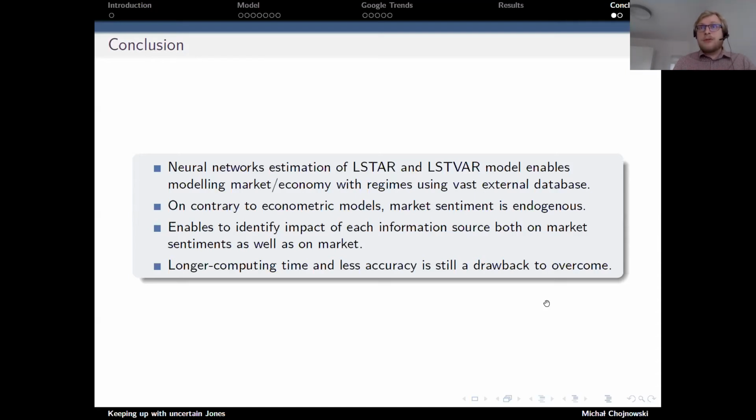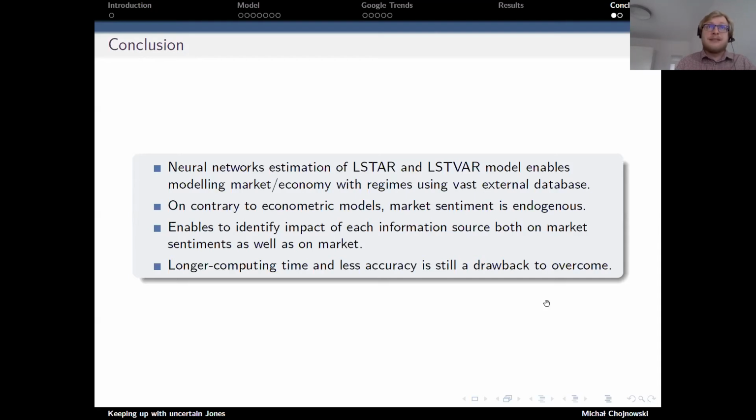As a conclusion, I want to say this method allows us to really look into how available information affects the market. I am using Google Trends, but this method does not discriminate other sources, such as text analytics of publicly available articles. Twitter analysis is also possible here.